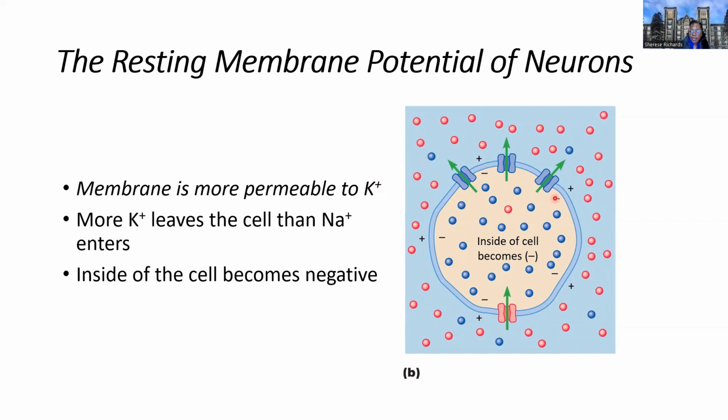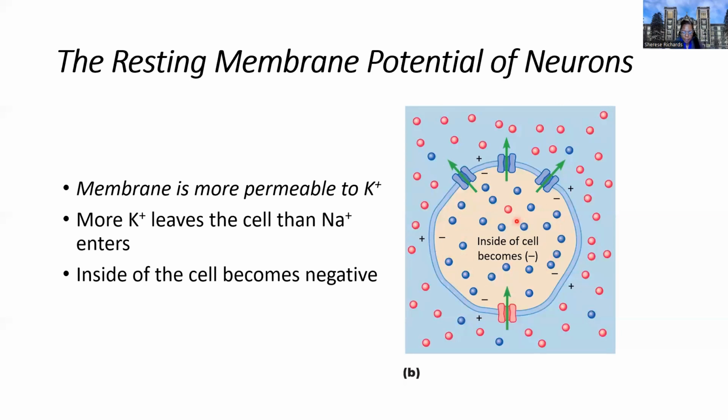So while we say that the chemical force is going to be moving our ions in different directions, we now need to think about the permeability. Potassium is going to have more opportunities, more doors, if you will, to leave the cell because it has a greater permeability. So as potassium leaves, now there becomes a negative environment inside the cell.